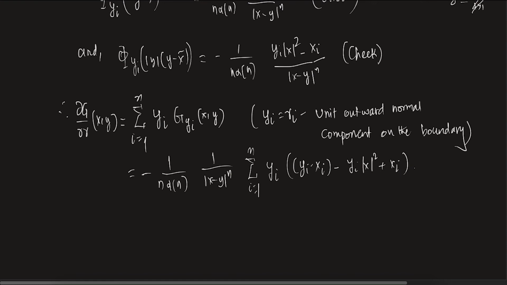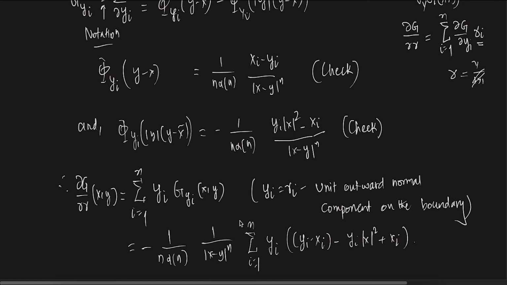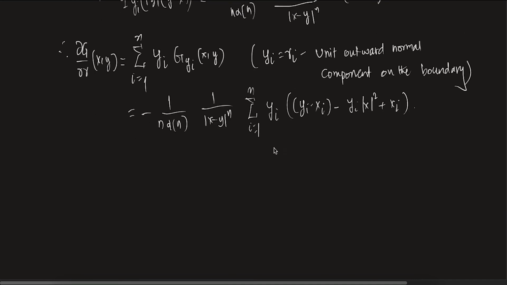I'm not doing anything, I'm just putting it together. ∂/∂yi of this thing is ∂/∂yi of this thing, and then minus of this particular thing, because phi_yi of y minus x is this. If you put it together, summation with the summation, it will look like this. Once you calculate it, what comes out is alpha n times (1 minus the modulus of x squared) by the modulus of x minus y to the power n.